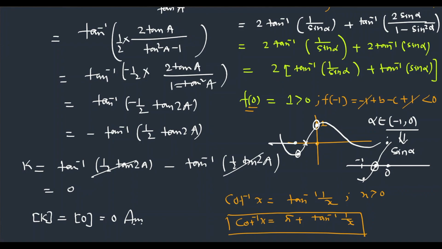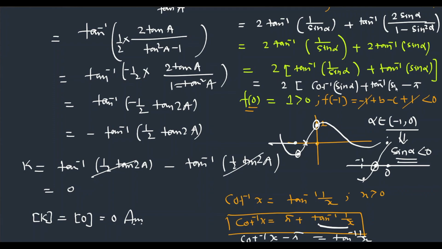So sine alpha is negative. Since sine alpha is negative, when you change from tan to cot, using the formula, cot inverse of x minus pi is equal to tan inverse of 1 by x. So this will be 2 times cot inverse of sine alpha minus pi, then you have tan inverse of sine alpha.